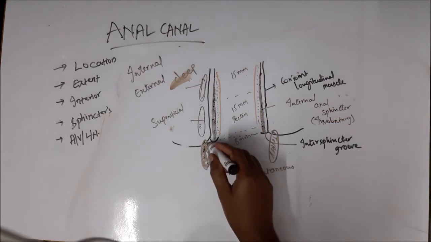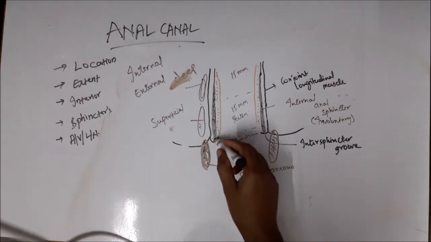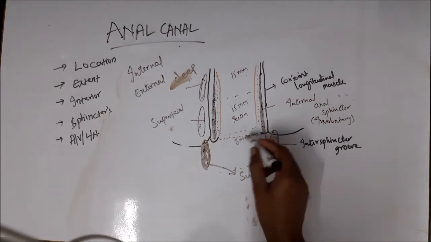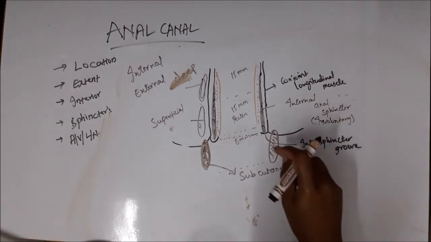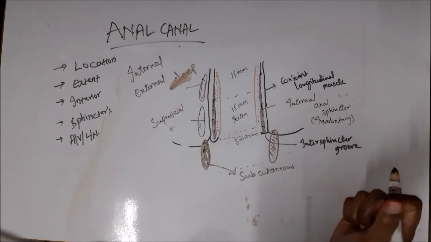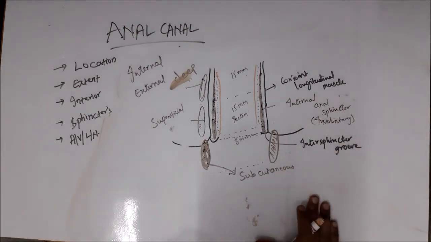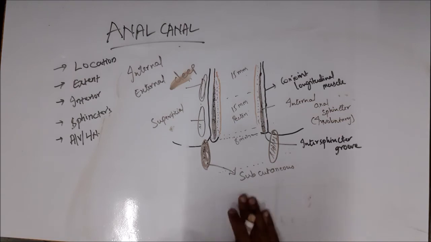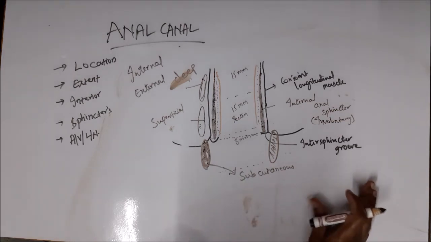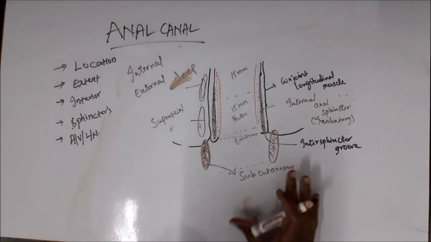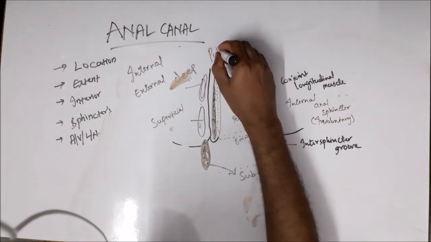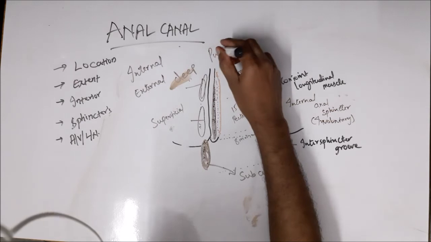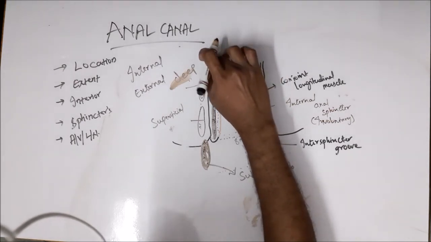So this is where you have the demarcation. White line of Hilton is near the lower end of the internal anal sphincter and subcutaneous part of the external anal sphincter. So regarding the attachments of this external anal sphincter, before that we have the pubo-anorectal sling.